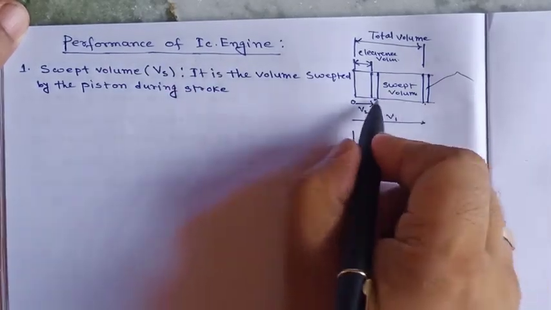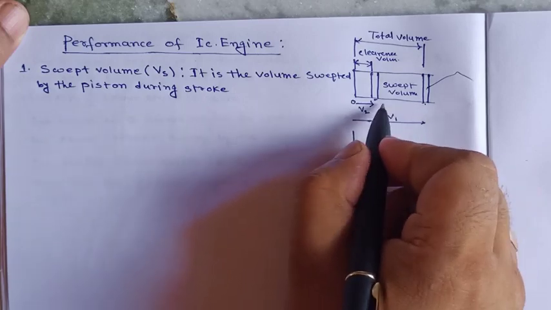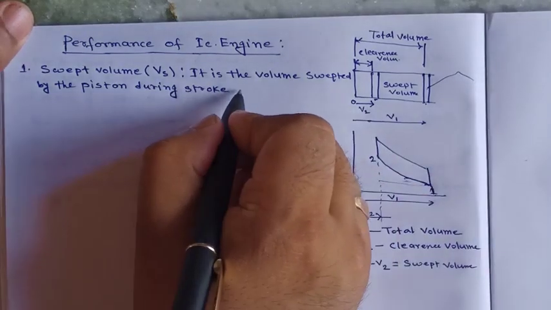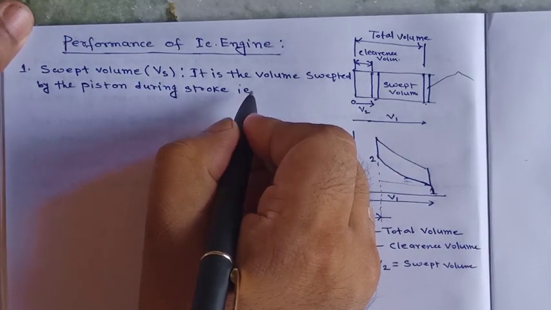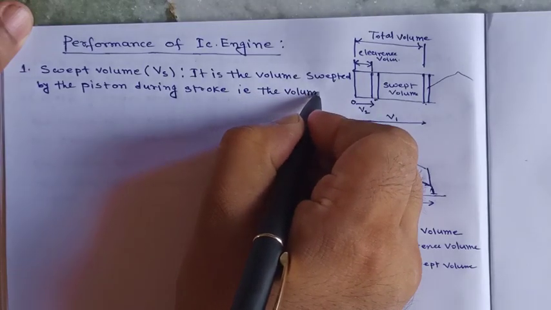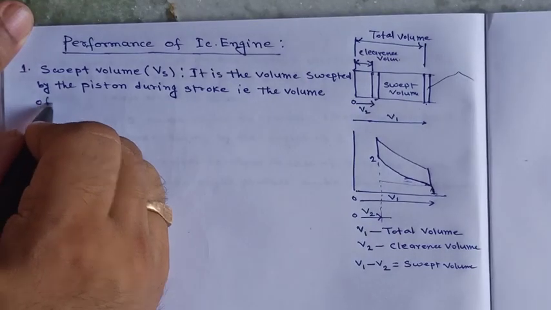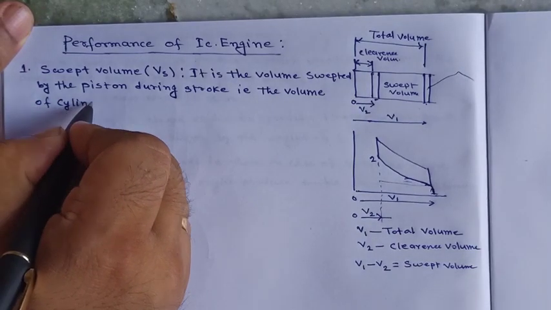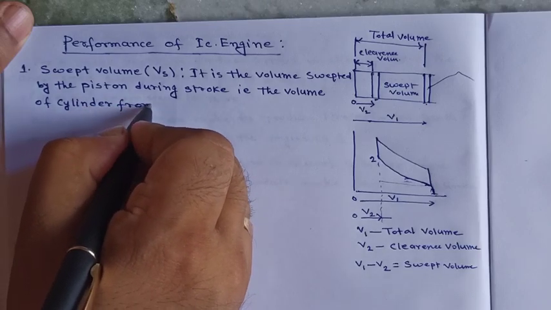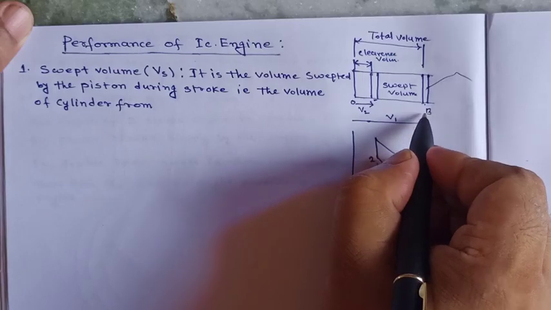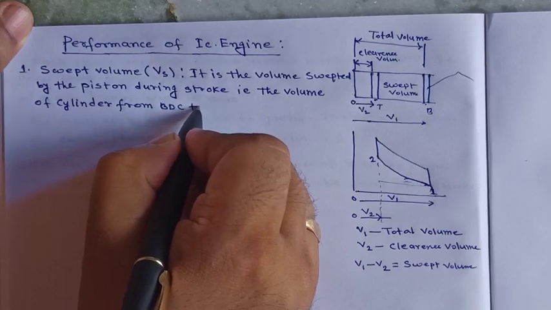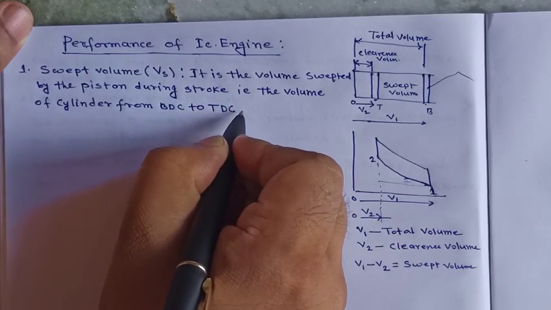Stroke means the movement. This L, distance traveled by this piston, is the stroke. That is the volume of cylinder from BDC to TDC.